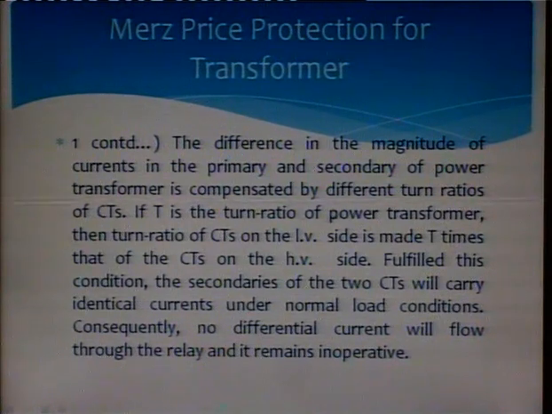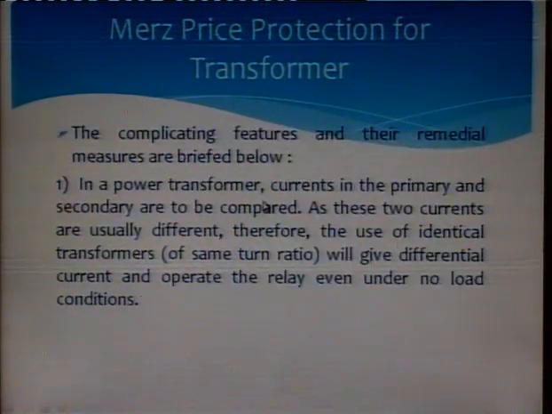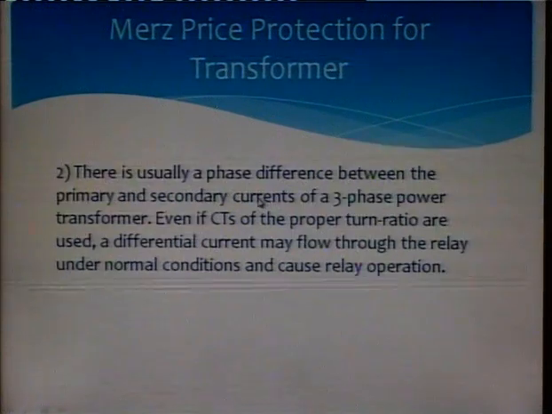If T is the turn ratio of the power transformer, then the turn ratio of CTs on LV side is made T times that of the CTs on the HV side. Now, if this condition is fulfilled, the secondary of the two CTs will carry identical currents under normal load conditions. Consequently, no differential current will flow through the relay and it remains inoperative. So, this is the first main compensation that has to be done.